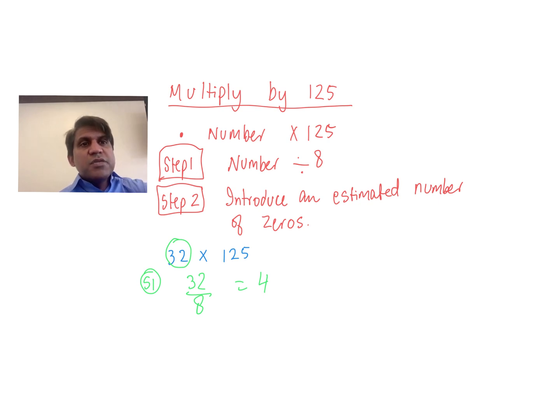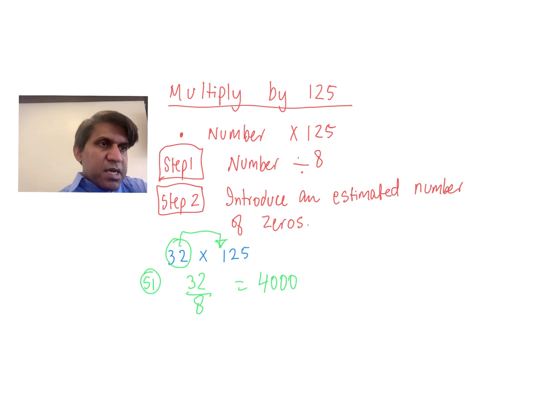So now if I were to multiply 32 by 100, what would I get? 3200, right? So we know that the number has to be above 3200, but it's also a number that can give you this 4000.